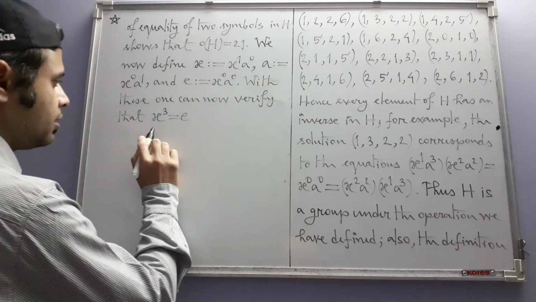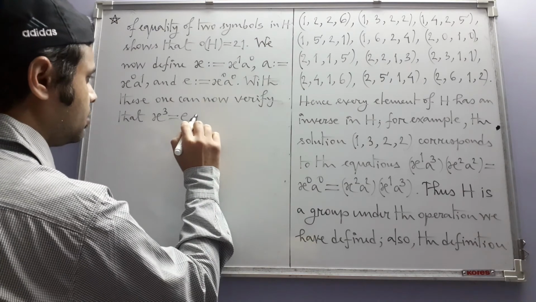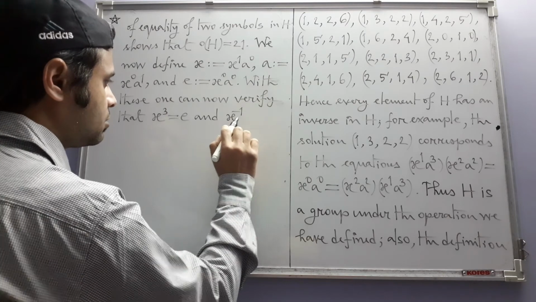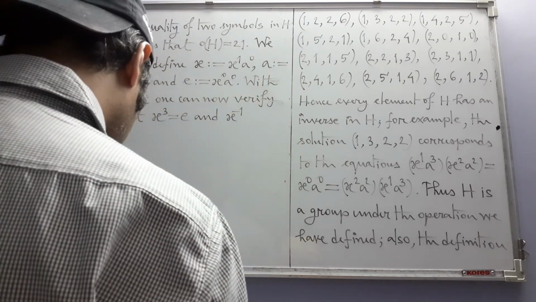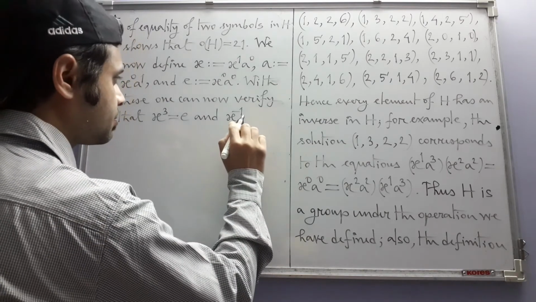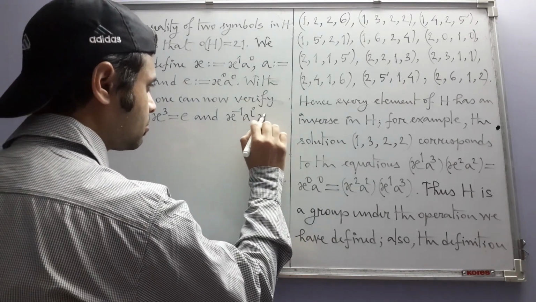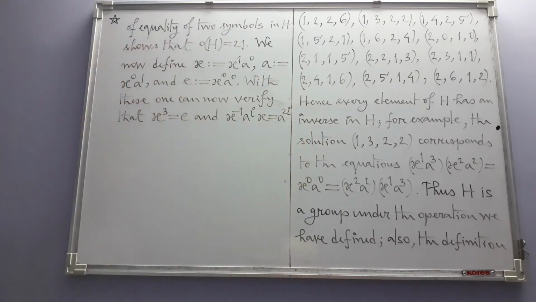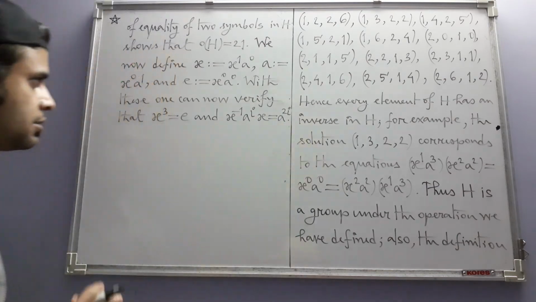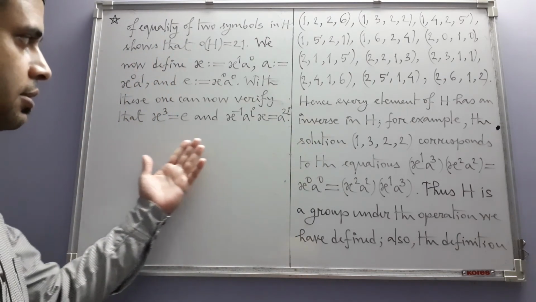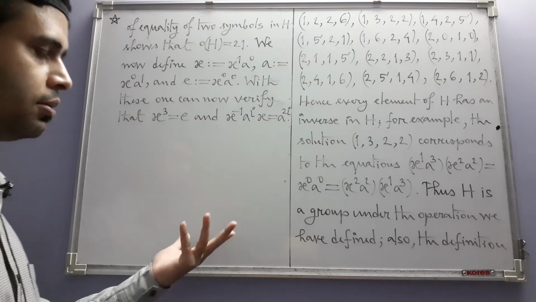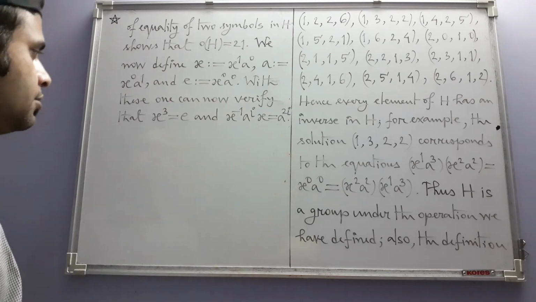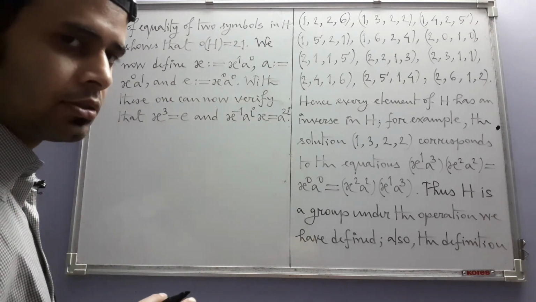You will see that it becomes equal to E, and x inverse a x is equal to a to the power 2i for any integer i. Okay, these things can be verified, I leave these things to you, because now you know everything. You know the binary operation, you know the meanings of x, a individually. So you just have to show that these calculations hold true.